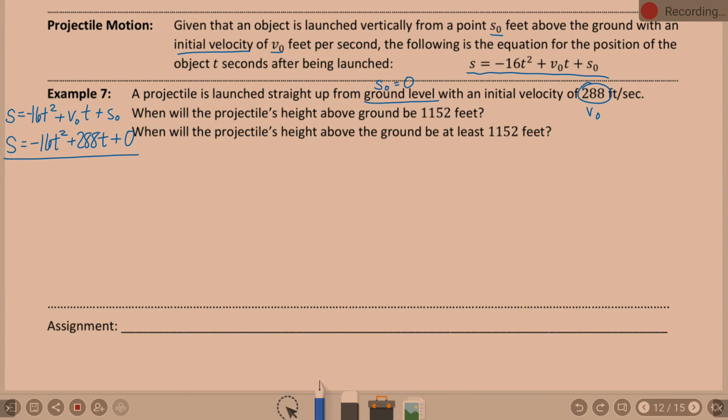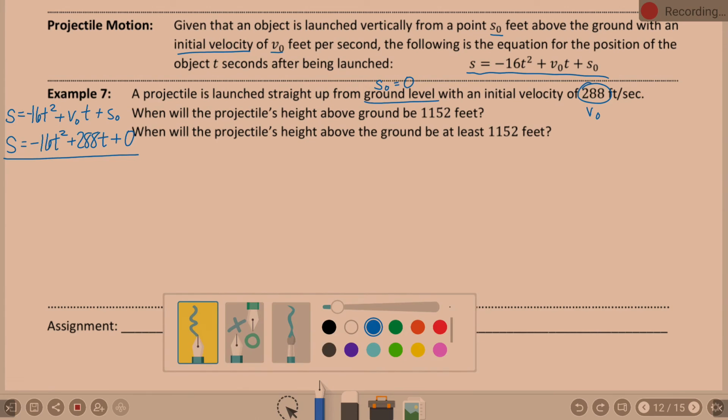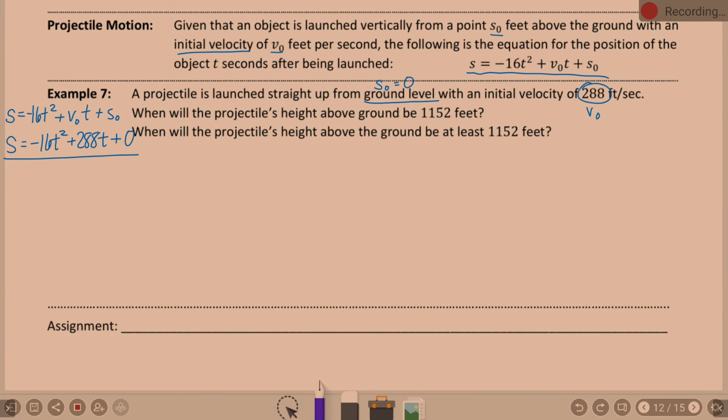Now, what does our first question ask us? When will the projectile's height above ground be 1,152 feet? What do I want to do with this equation?